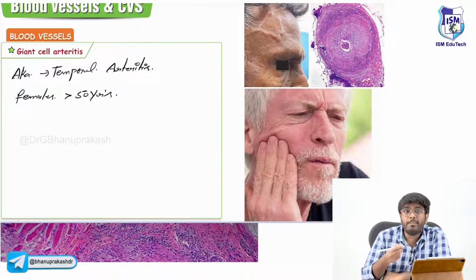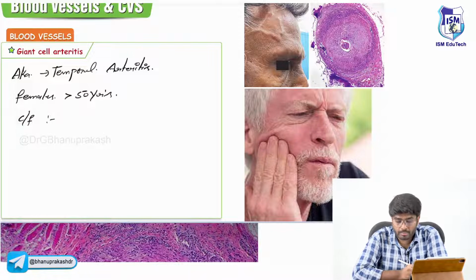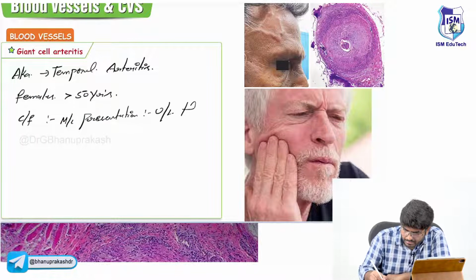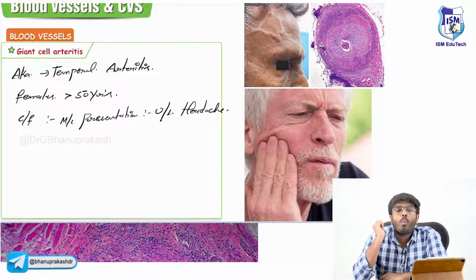So what is the most common complaint? What is the most common clinical feature? The most common complaint and the most common presentation is unilateral headache. She's going to have severe unilateral headache, temporal pain. Why is she having headache?